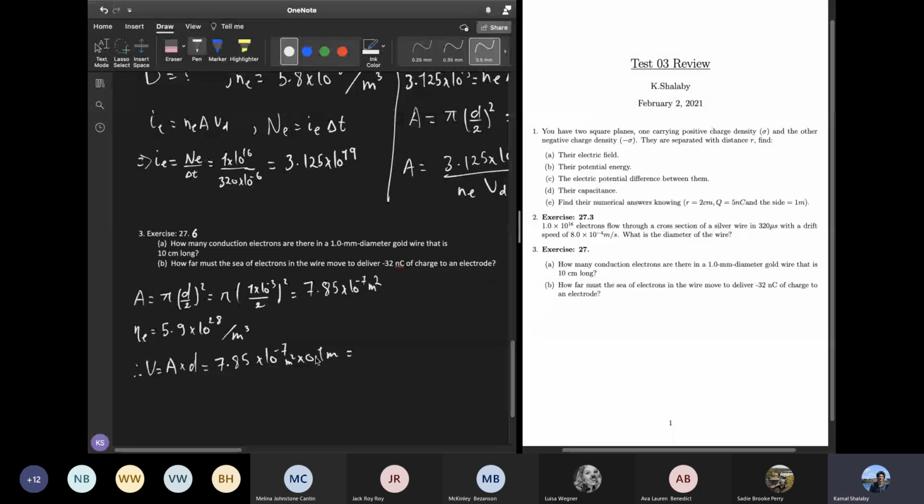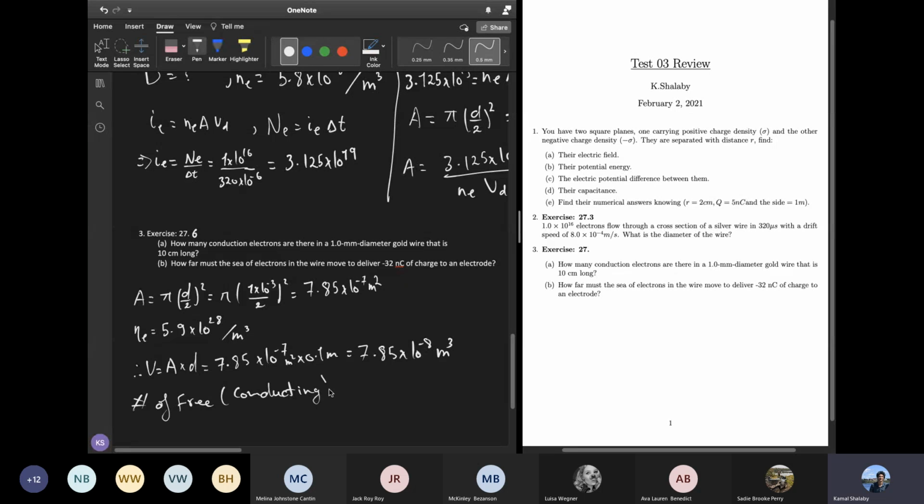So the number of free, or conducting, electrons will be the Ne times the volume.